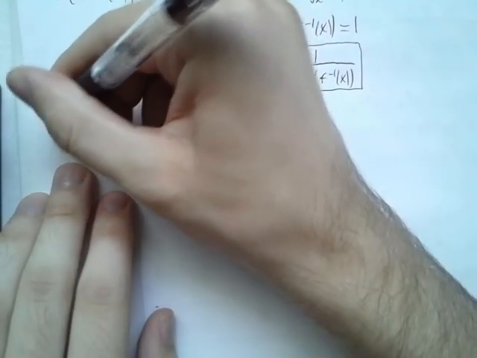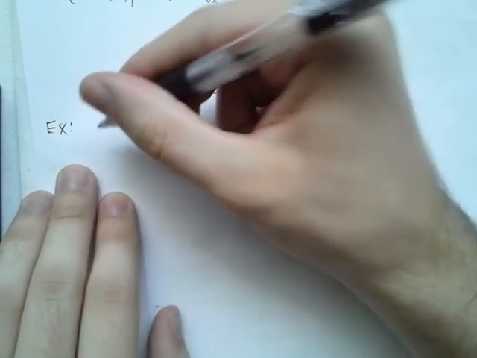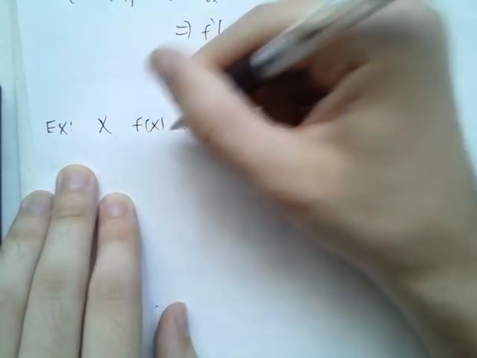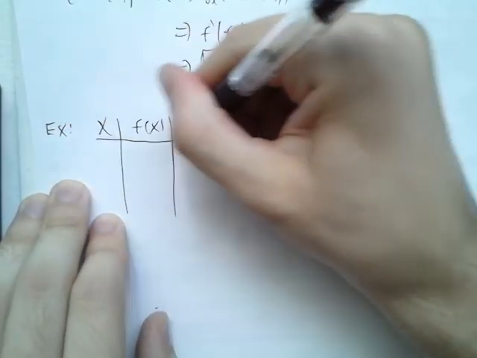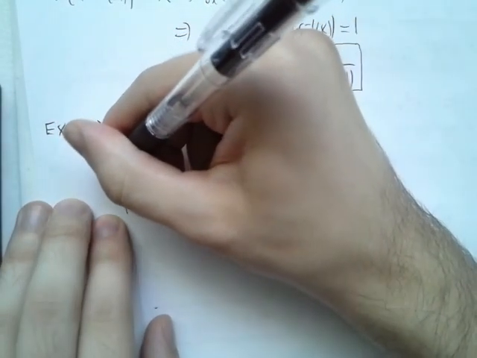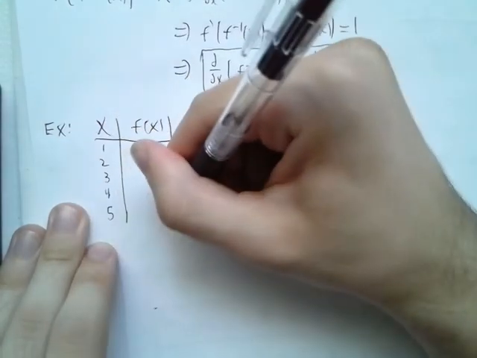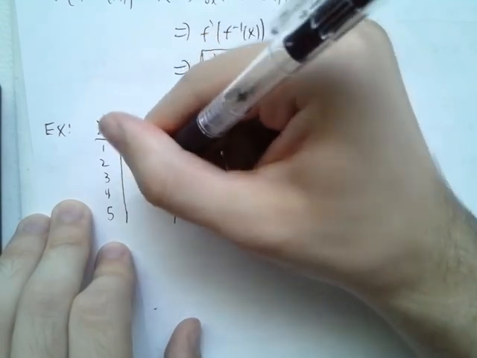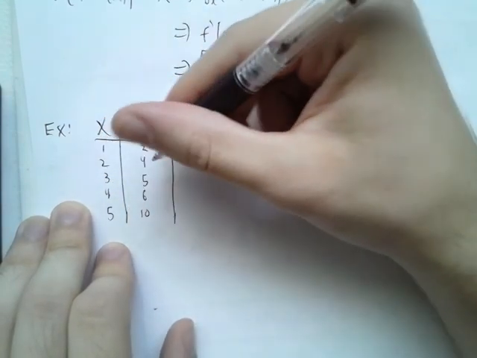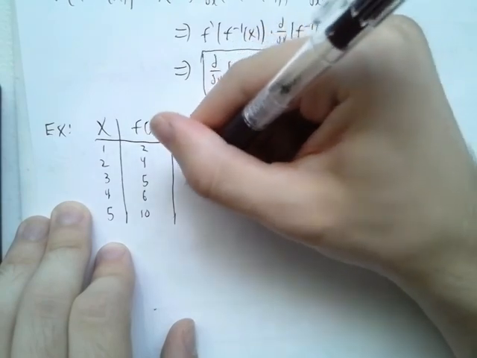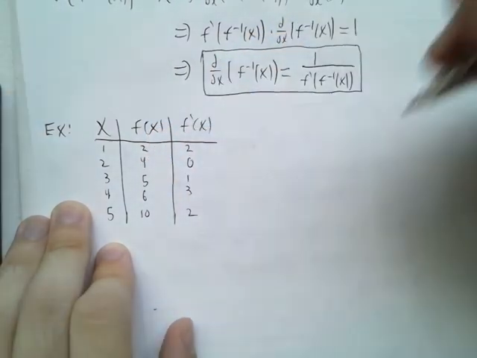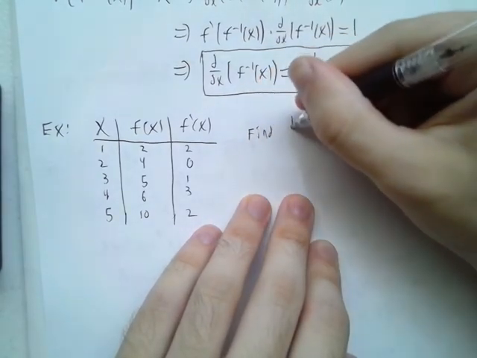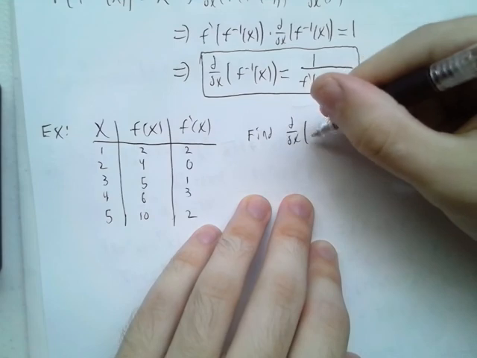So let's suppose we have some values for x, f of x, and f prime of x that are given to us. So let's see, we'll have x values 1 through 5, and we're told values of f of x and f prime of x. So let's suppose we want to find the derivative of f inverse of x at x equals 5.